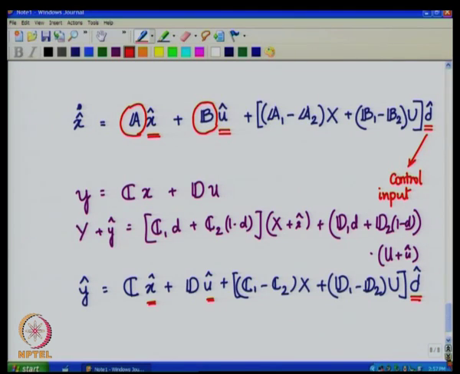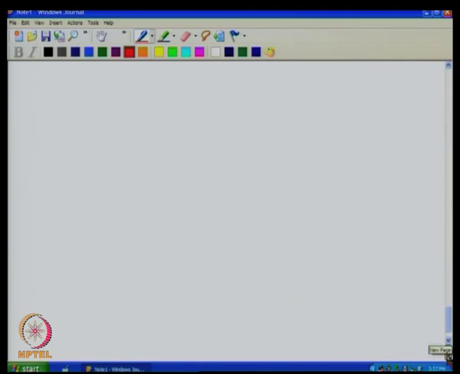So, now let us apply our case to the DC-DC converter, and we had taken up this buck converter, DC-DC buck converter, and let us try to apply the process.